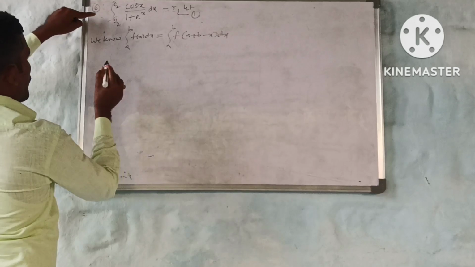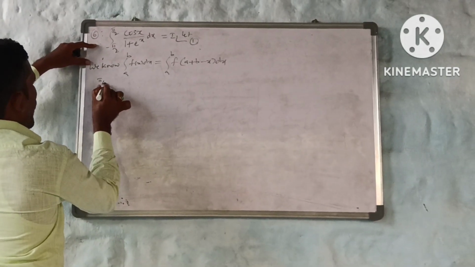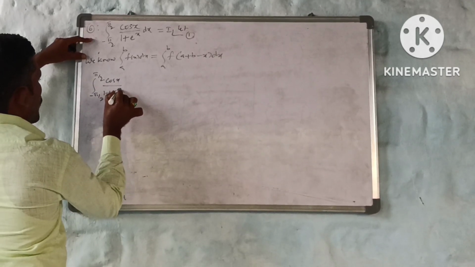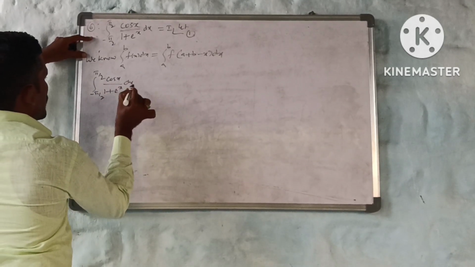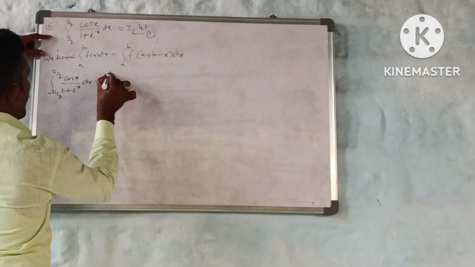So from this, I equals the integral from minus pi by 2 to pi by 2 of cos x by 1 plus e power x dx. So this is minus pi by 2 to pi by 2.